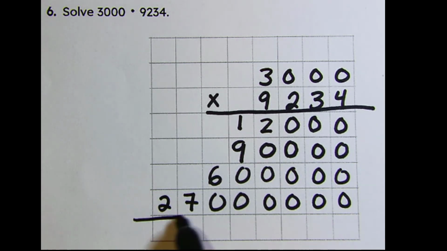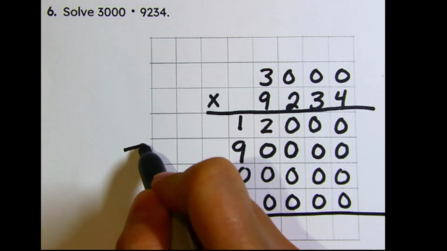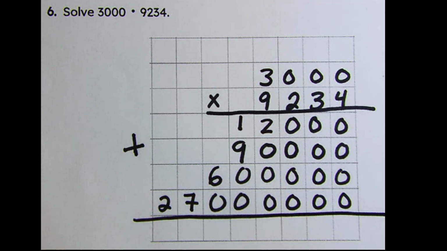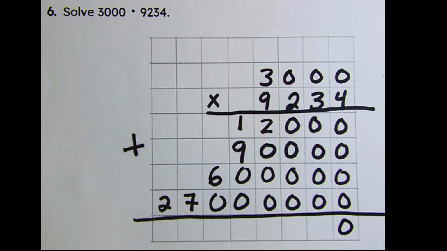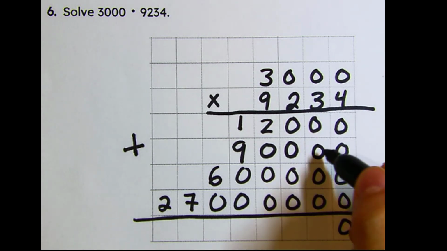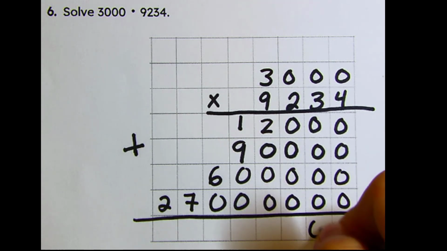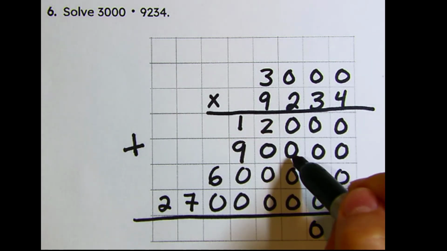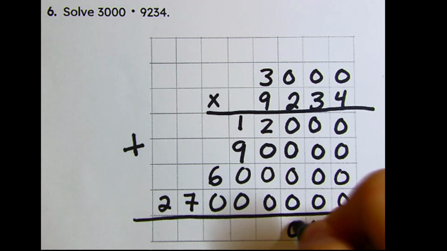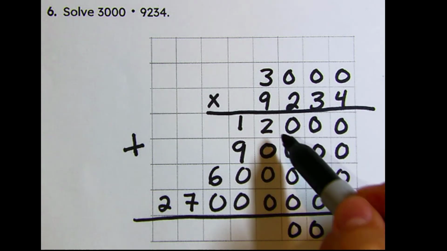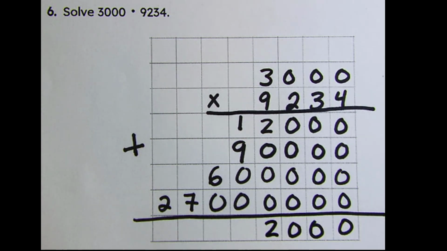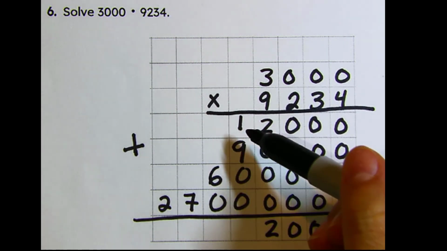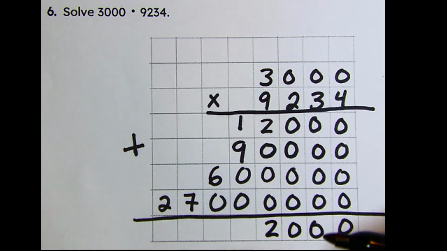And now I can go ahead and add up all my positions. 0, 0, 0, 0 is 0. And again, 0, 0, 0, 0, I have 0 tens. 0, 0, 0, 0, I have 0 hundreds. 2 plus 0, 0, 0 gives me 2,000. In the 10,000s, 1 plus 9 is 10.